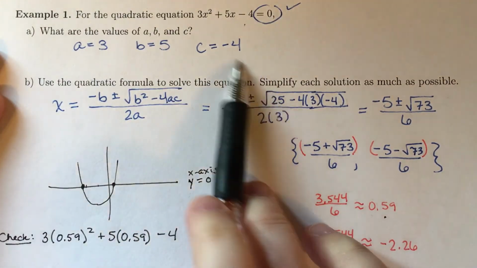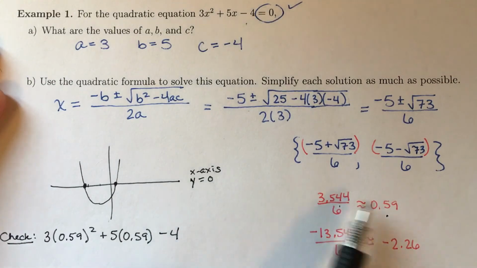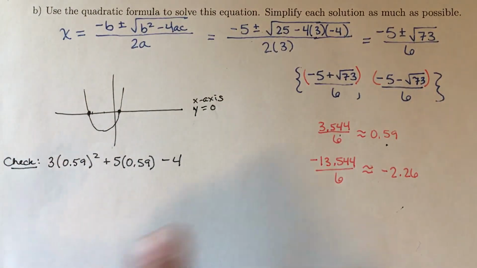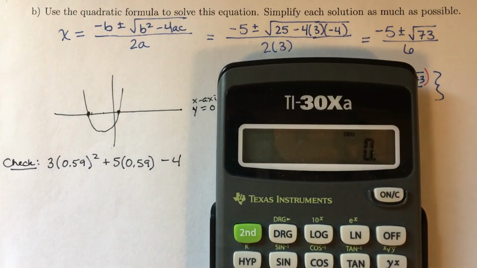So notice I'm just using the original equation and plugging in one of the x values that we got as our approximate solution. So let's just check that one, and I'll leave the negative one to you all to do on your own. But 3 times 0.59 squared plus 5 times 0.59 minus 4 equals.